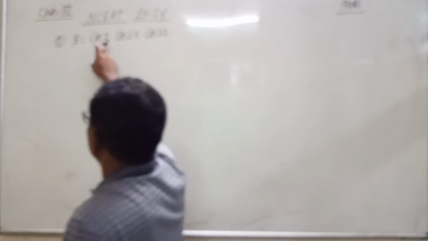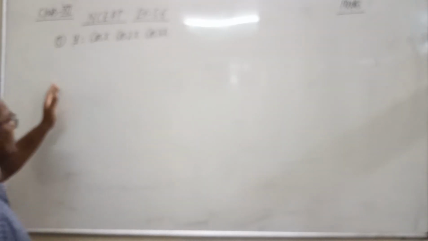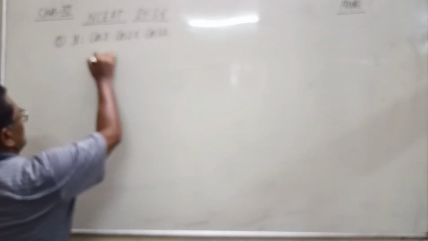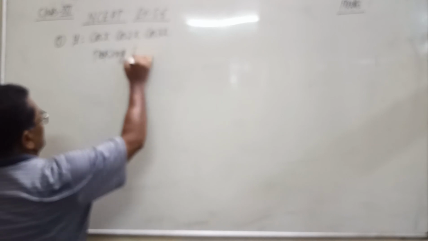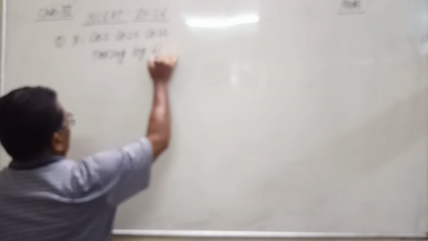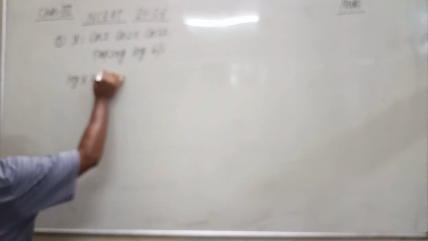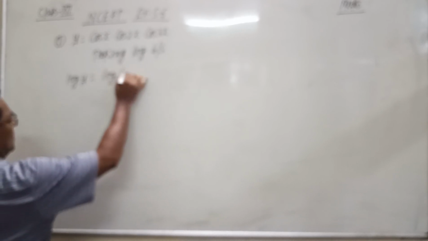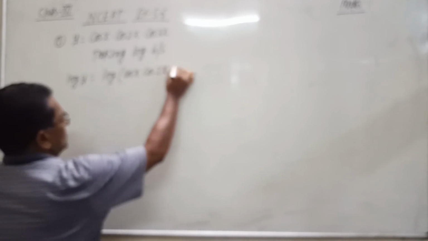Either you can take u, v, w, but it is easier to take log both sides. So we write, taking log both sides, it becomes log y equals log of cos x into cos 2x into cos 3x.